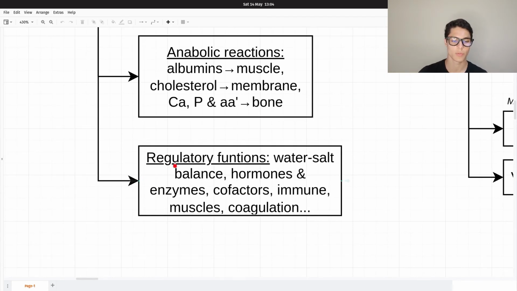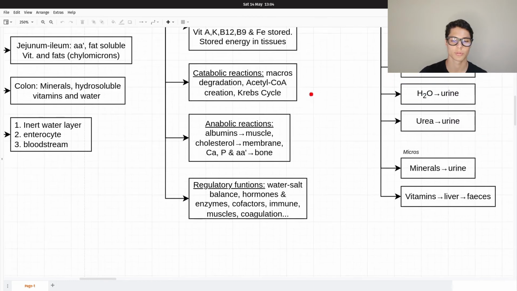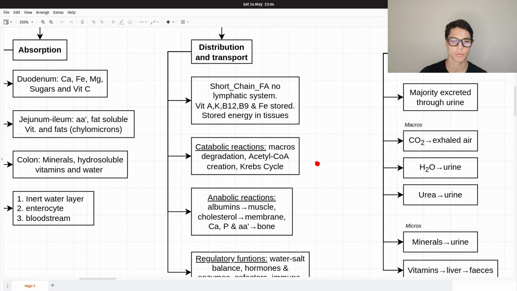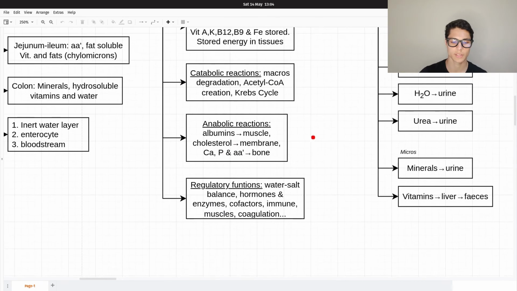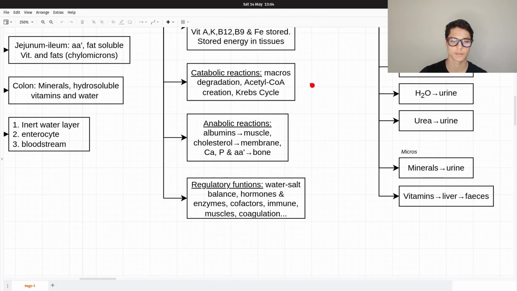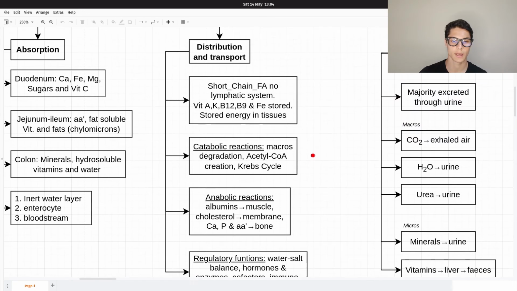And then we have the regulatory functions: the water-salt balance, which is very important, the hormones and enzymes, the cofactors, the immune system, the muscles, the coagulation. All these functions are very important for our body to function properly. And we achieve all those three things with the nutrients we get in our diet.